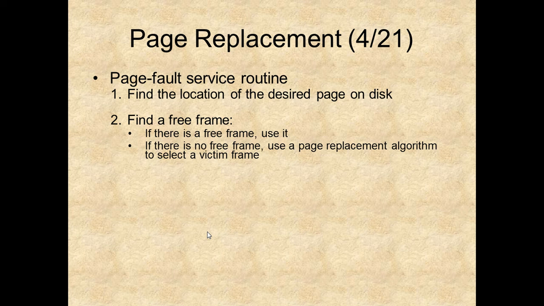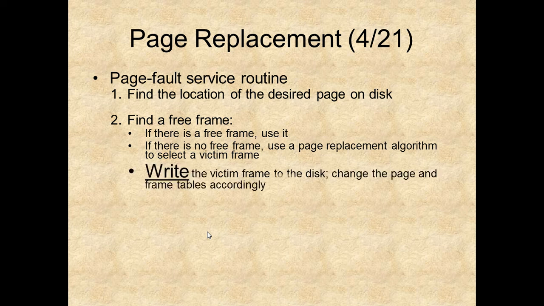Otherwise, there's no free frame. In that case, the operating system needs to choose a victim using a page replacement algorithm, and later we'll be looking at several algorithms for choosing a victim. If anything has changed in the victim, in other words its copy on the disk is obsolete, the operating system is going to visit the disk and write the victim frame to the disk, so make sure no data is lost.